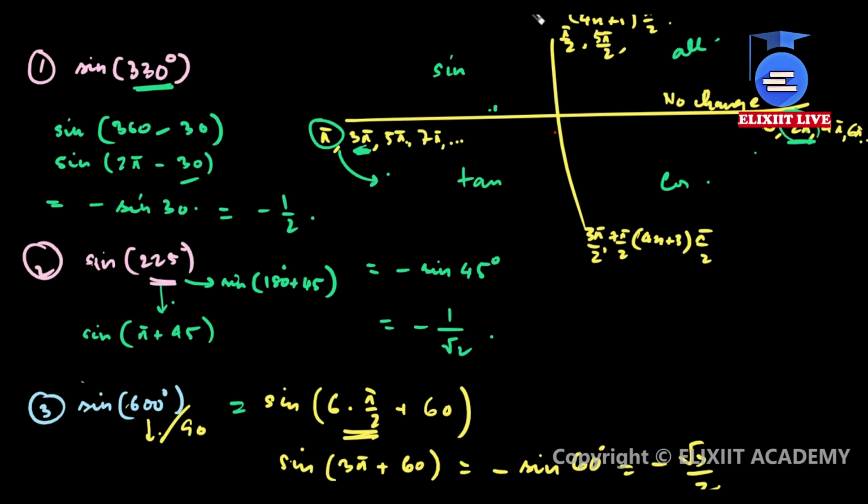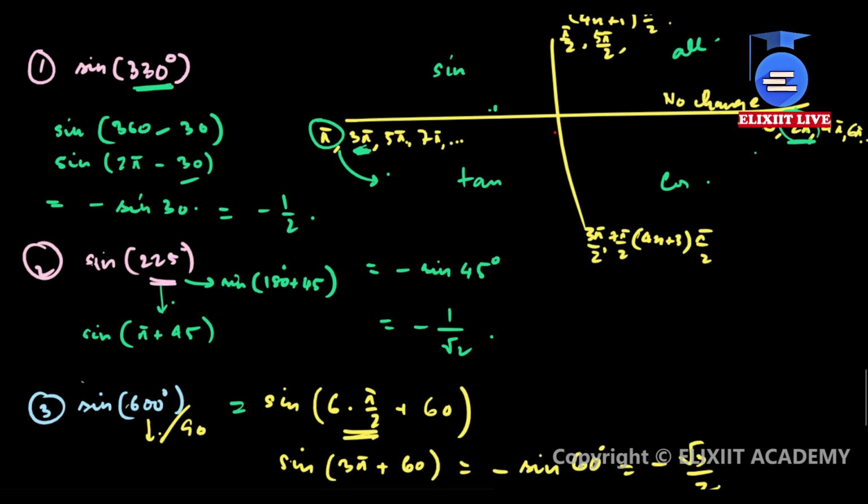How many complete 90-degree rotations is it making? If you divide by 90, the 0 cancels out, 103 by 9. So how many rotations is it completely moving? 11 pi by 2.